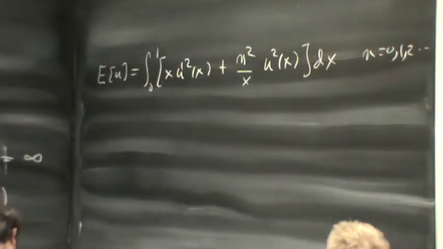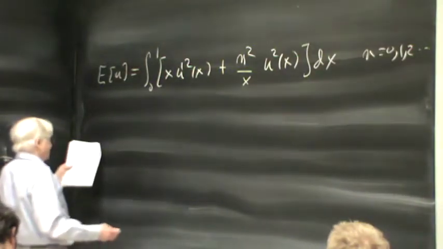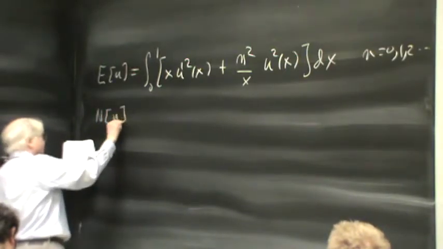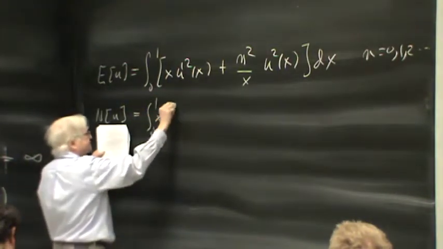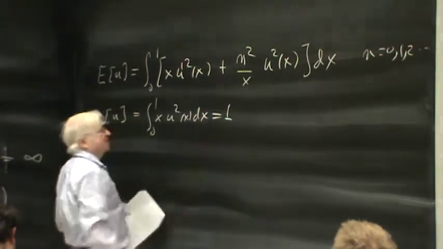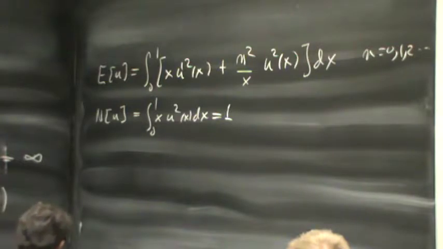We want to minimize this over the space of twice differentiable functions. In other words, the domain is twice differentiable functions such that N of u, which is the integral from 0 to 1 of x u squared of x dx, should be 1. So that's the constraint for this system.